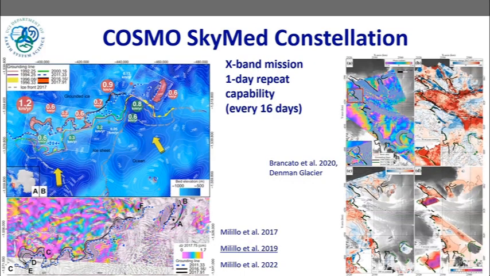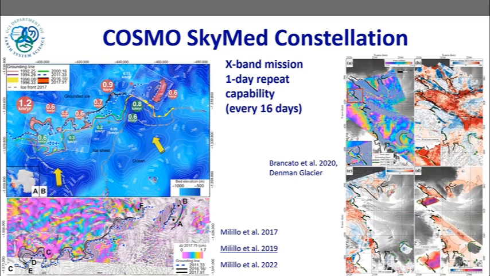The next sensor family that came into the fold was the Italian constellation, Italian Space Agency in the private sector, COSMO-SkyMed. Pietro Melillo is PI with the agency, and we worked with him on publications in the Amundsen Sea.